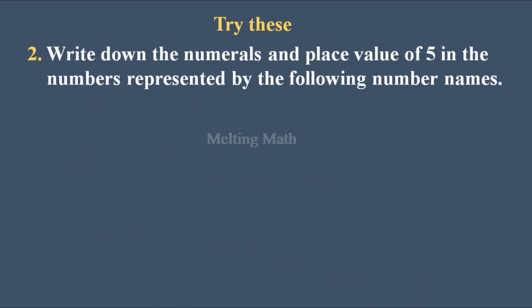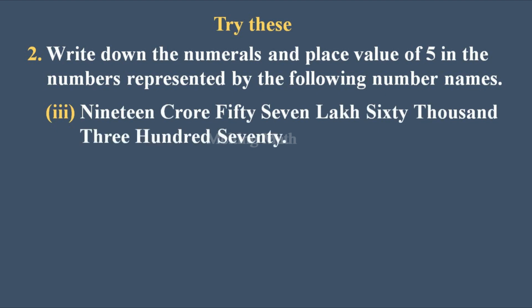Next see the third one, that is 19 crore 57 lakh 60,370. Okay. This is the question. We have to convert these words into the number. Okay. So in numbers, let me read it again. 19 crore. Just write 19, then put a comma because these two digits come under the crores period. Next 57 lakh.